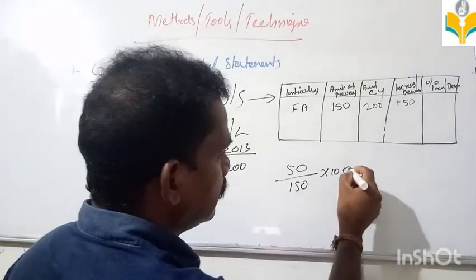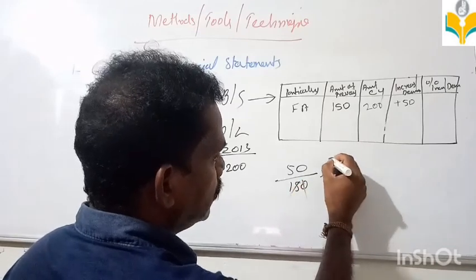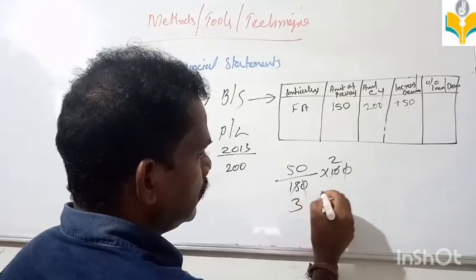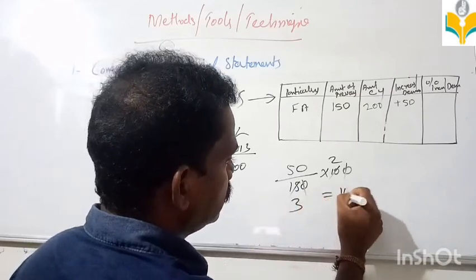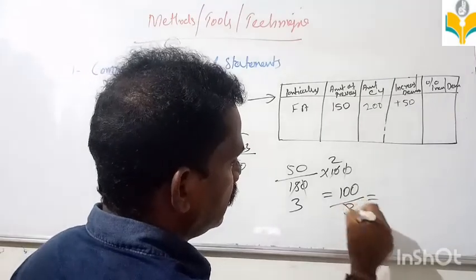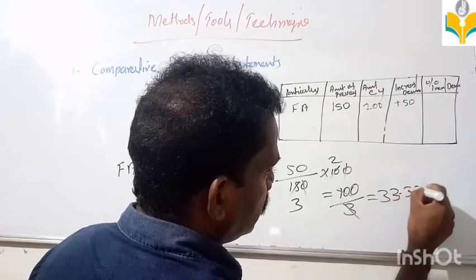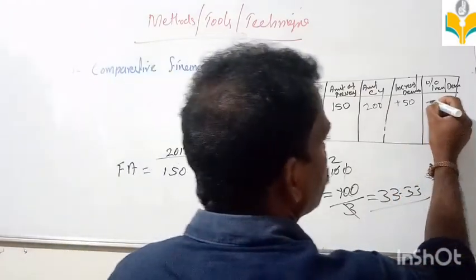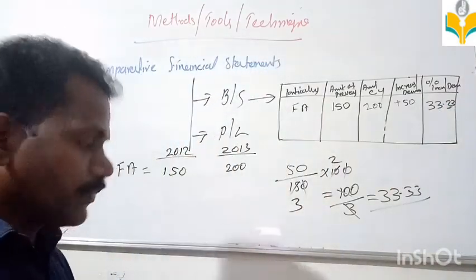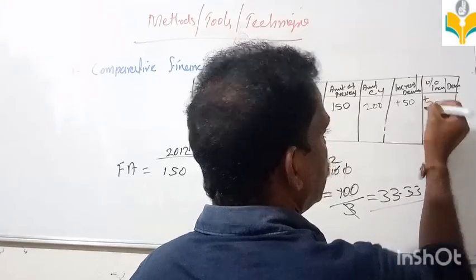Here 50 is one third of 150, so 100 divided by 3, that means 33.33 percentage. 33.33% increase. That means a positive value.